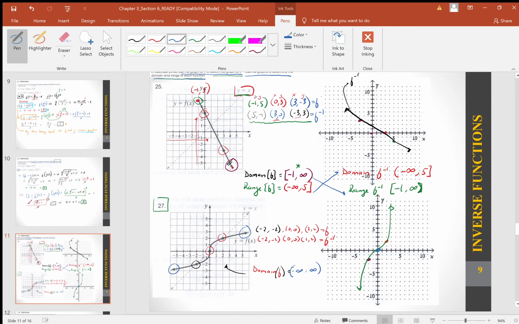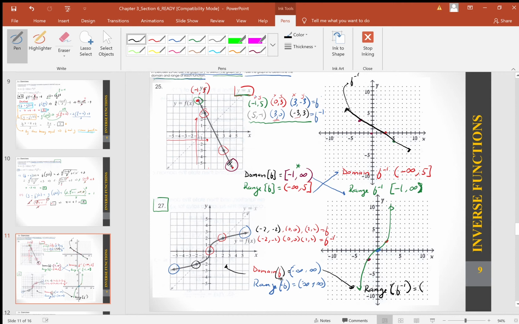Okay. And our range for our f function is going to be negative infinity, comma, positive infinity. And again, all you have to do is whatever your domain is for your original function is going to be the range for the inverse function.